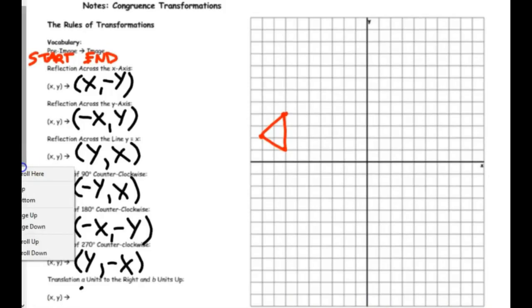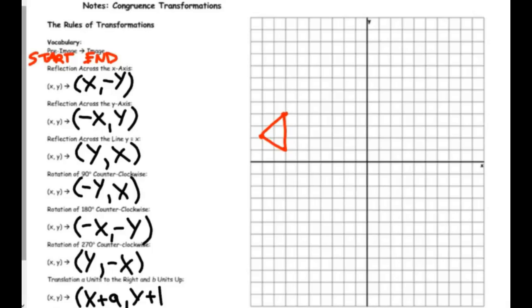And then at the bottom, (x plus a, y plus b). Okay, thank you. I'll give you a second to make sure you get those down.